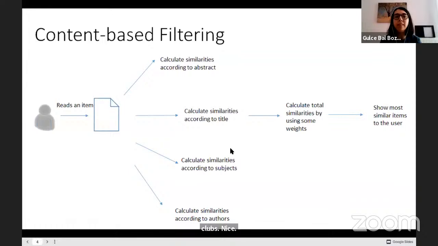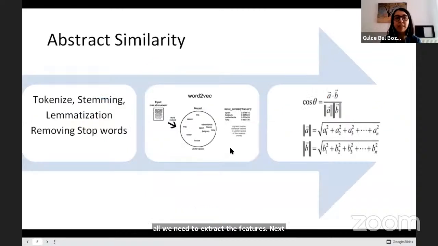We use content-based filtering. Our system is based on author, abstract, title, and subject similarities. First of all, we need to extract the features. For feature extraction for abstract similarity, we use different natural language processing methods such as Word2Vec and universal sentence encoders.